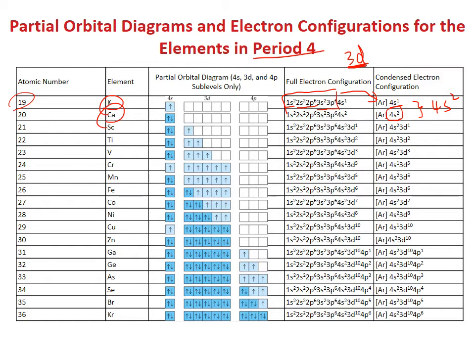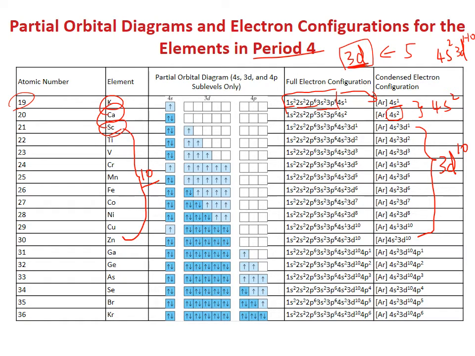So the next one, scandium, 1 more electron starts to fill d orbital. Now remember, d orbital has 5 of them. Each of them can hold 2 electrons, so that's 10 electrons. From scandium to zinc, 10 elements fill the d orbitals. So 3d has 10 electrons. Okay, now these elements in general have electron configuration 4s2, 3d 1 to 10.